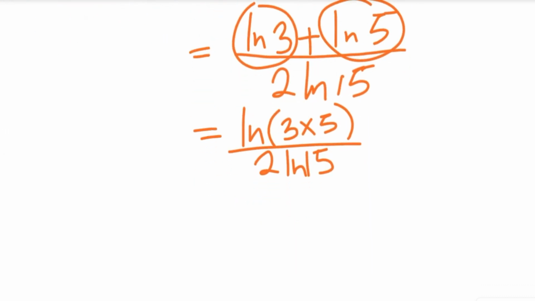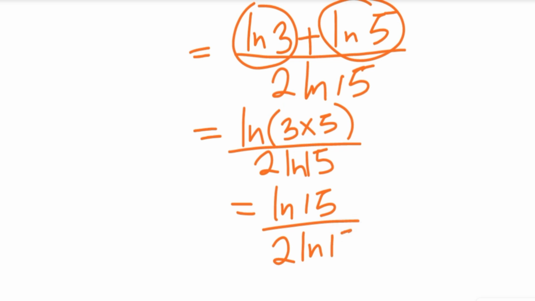If we multiply that, we are going to have the natural log of 15 divided by 2 multiplied by the natural log of 15. Now the natural log of 15 cancels the natural log of 15, and we'll have remaining 1 over 2.